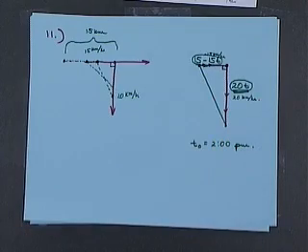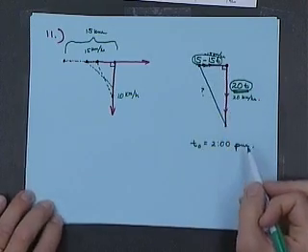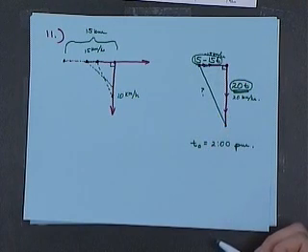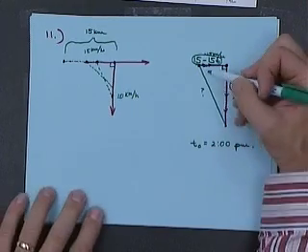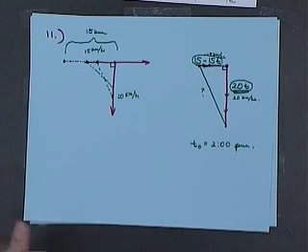Is that enough to figure out the minimum distance? Let me read it again. At what time were the boats closest together? So we want to minimize this distance. What is that distance based on what we have thrown into this? Good. Pythagorean.